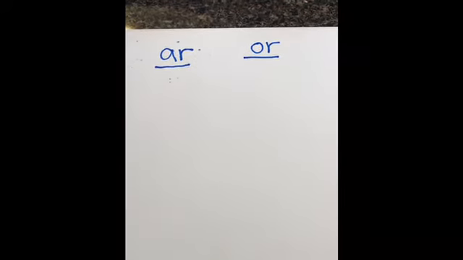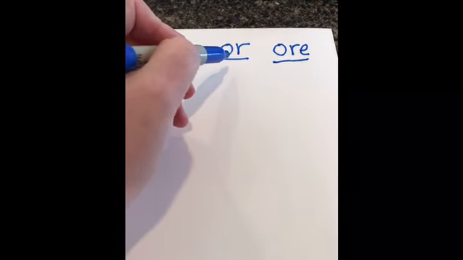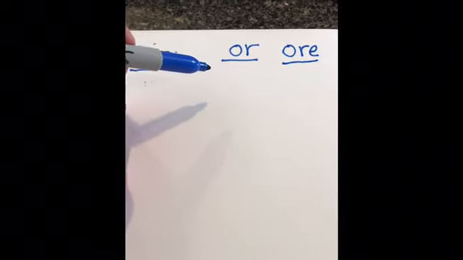The next thing we are going to do is talk about more AR words, but also OR. So AR, as we know, makes the R sound. OR makes the OR sound. Later, we will get to O-R-E, which also makes the OR sound, and I will talk about how you know when to use OR or ORE.